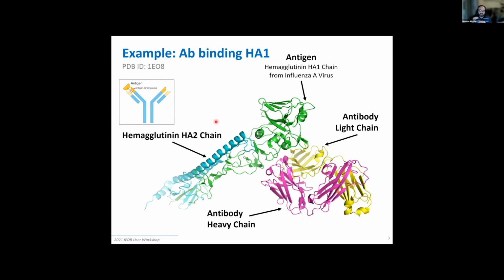This protein is a trimer, so I have the HA1 and HA2, but you don't have the other chain here. The crystal is a dimer, but the protein has another chain that is not shown on this crystal. And here you have the antigen. This HA1 is an antigen because it's the protein that is interacting with the antibody.